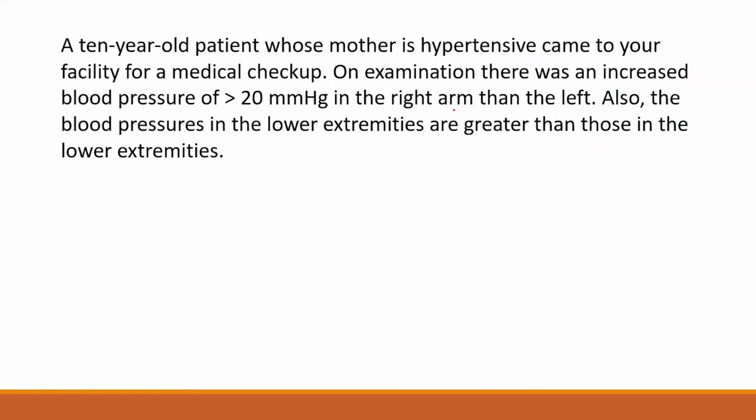Now, a 10-year-old patient whose mother is hypertensive came to your facility for a medical checkup. So that means the person is not sick, just coming for a checkup. On examination, there was an increased blood pressure, more than 20 millimeters of mercury in the right arm than the left.